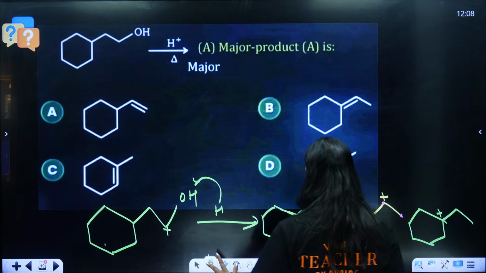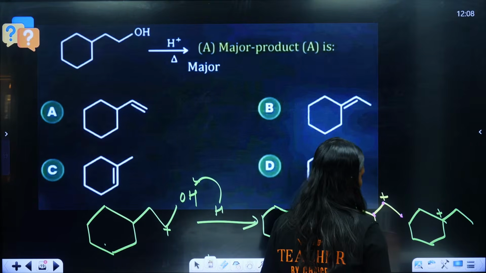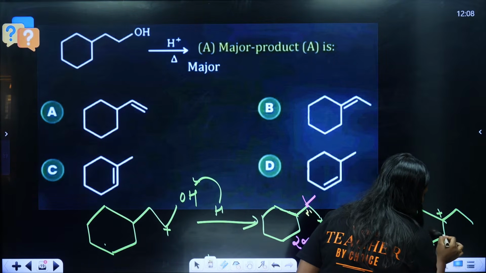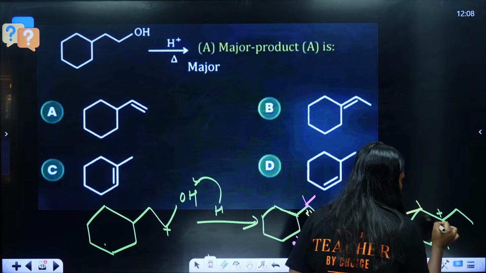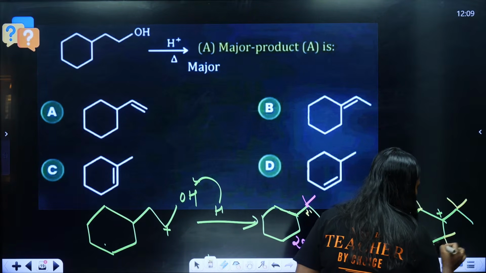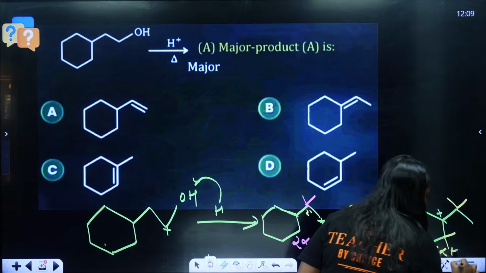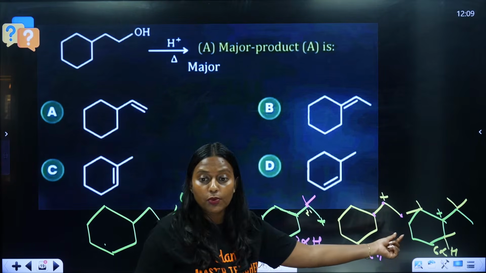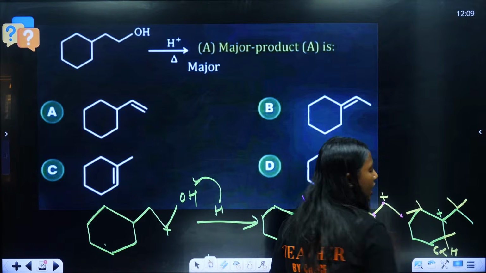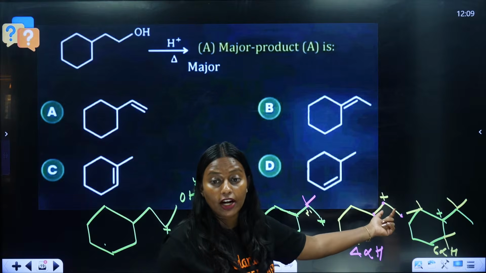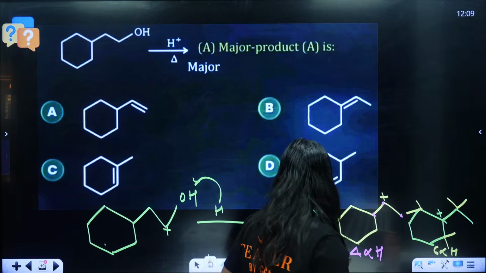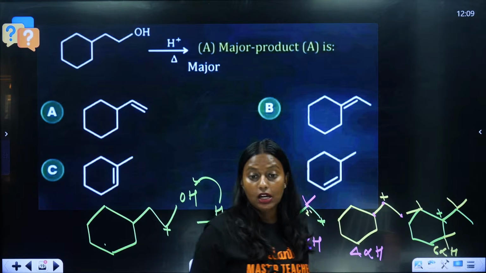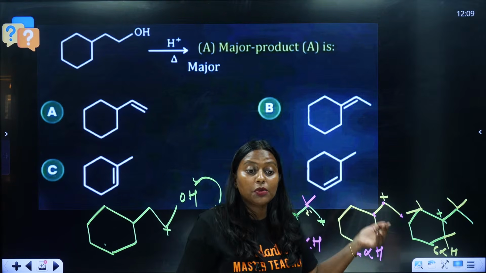When you consider tertiary, 1 2, this is 1 alpha carbon, 1 2, and this is 1 2, total 6 alpha hydrogens. So here rearrangement is possible. This is a carbocation, because it has 6 alpha hydrogens. Six alpha hydrogens means it's more stable.